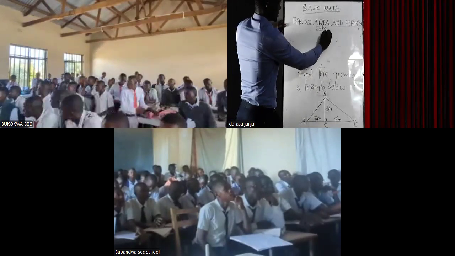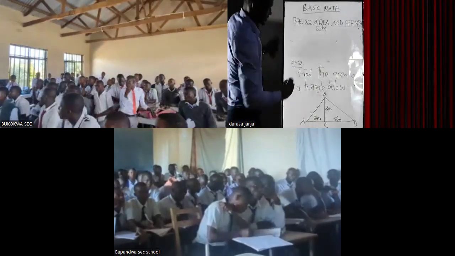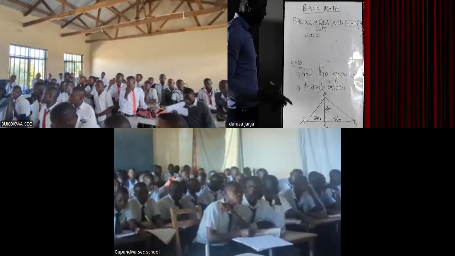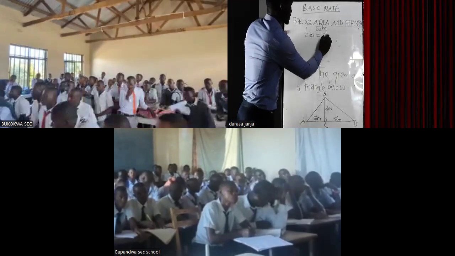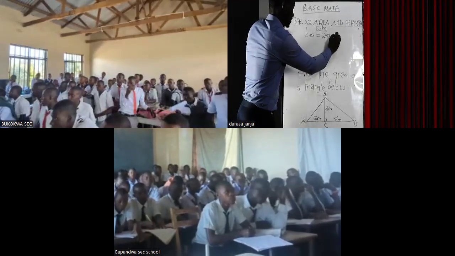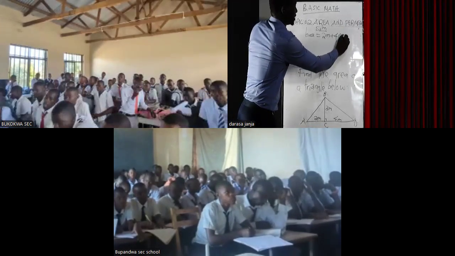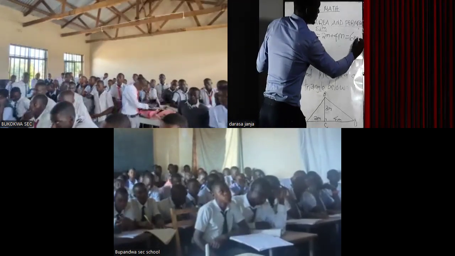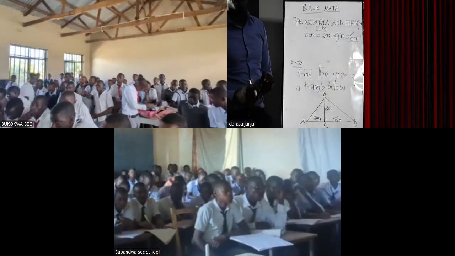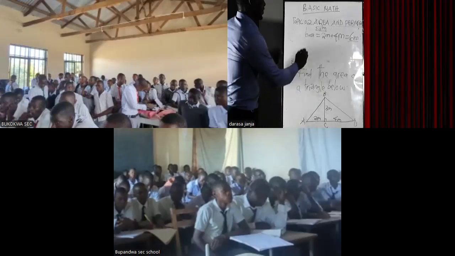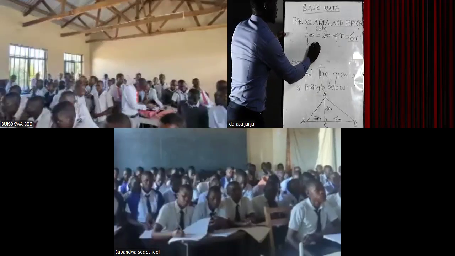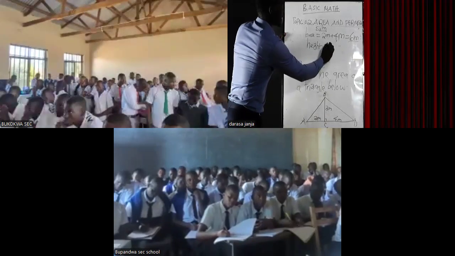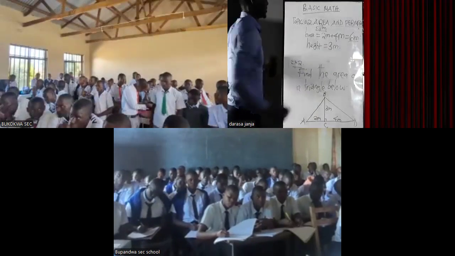For this solution, we need to analyze the base. The base here is 2 meters plus 4 meters. Here we are getting 6 meters. This is our base. Our height will be 3 meters.